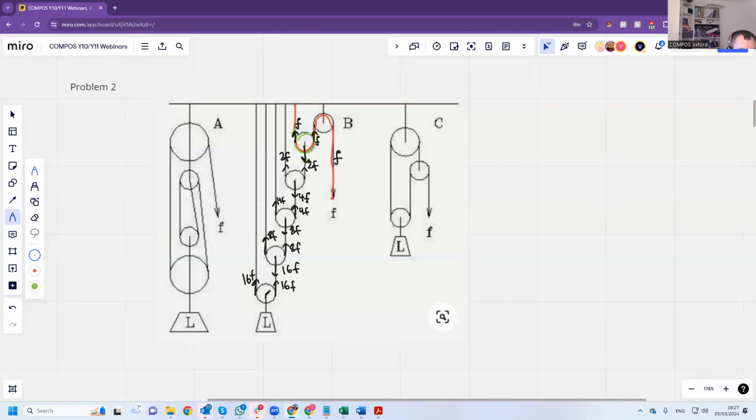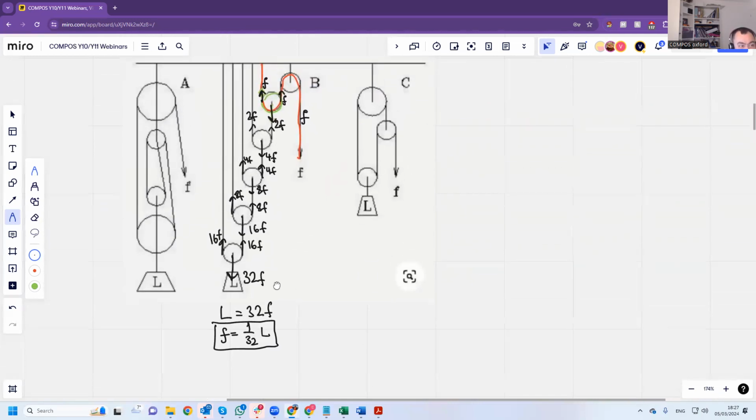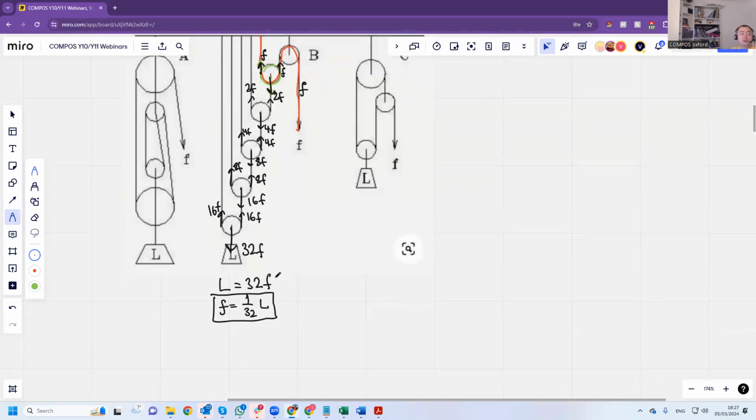So the downwards force must be 32F. That means the load is 32F. So the force is 1/32 of the load that you're trying to lift. You need a force 32 times less than you would to lift it on its own.